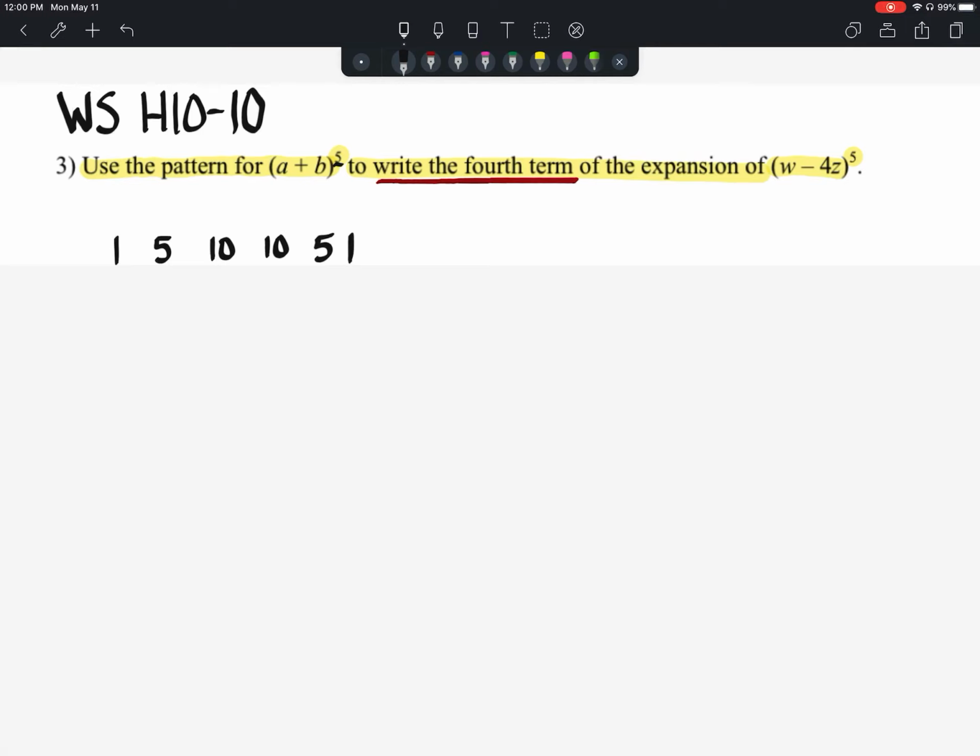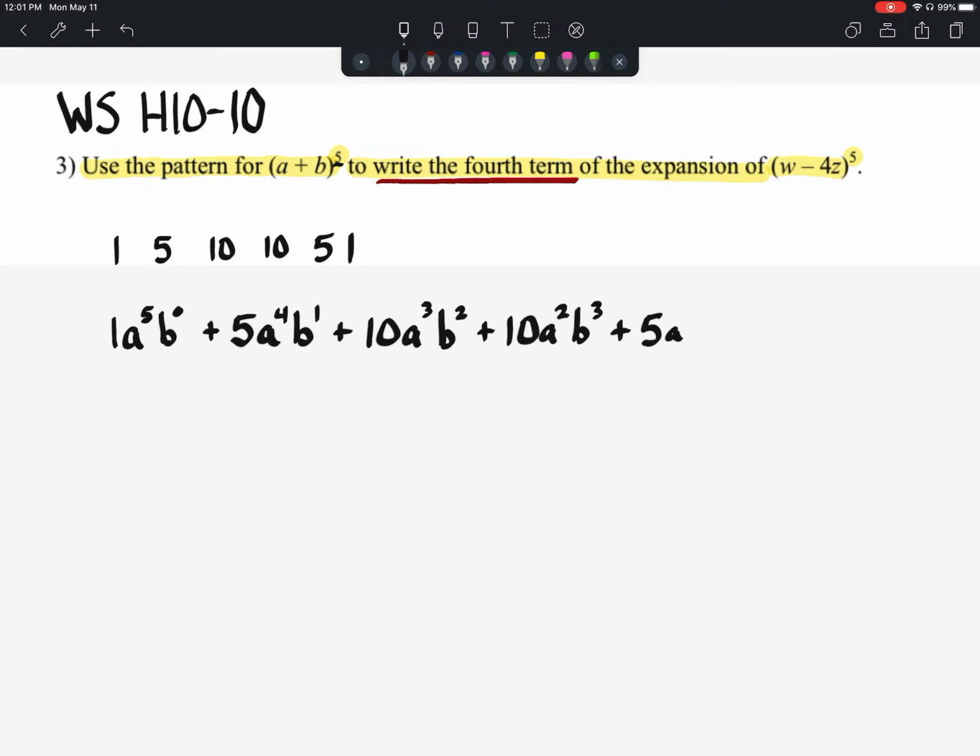We should have a 1 times a to the 5th times b to the 0 power, plus 5 times a to the 4th times b to the 1st, plus 10 times a to the 3rd times b to the 2nd, plus 10 times a squared b to the 3rd, plus 5 times a b to the 4th, and then the last one, plus 1 a to the 0 b to the 5th power.